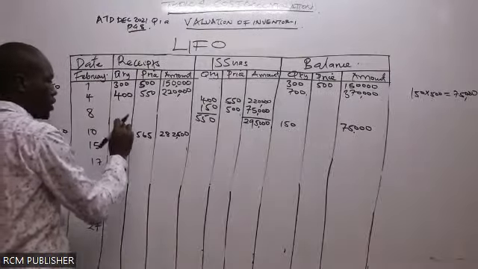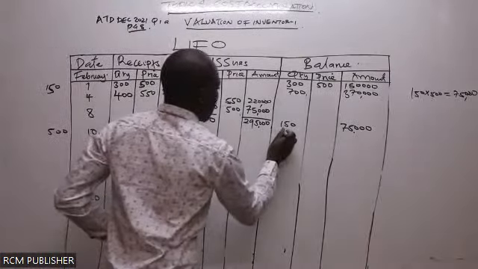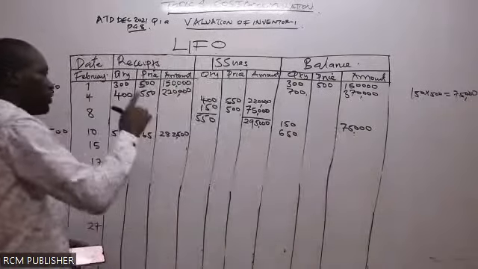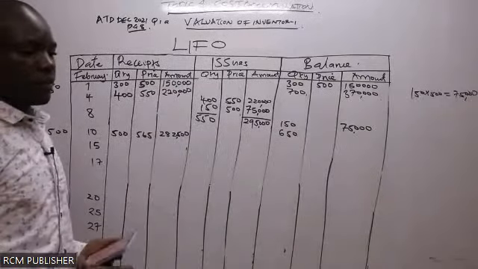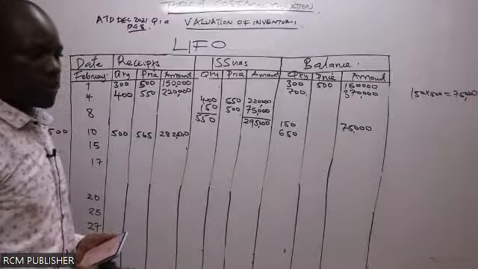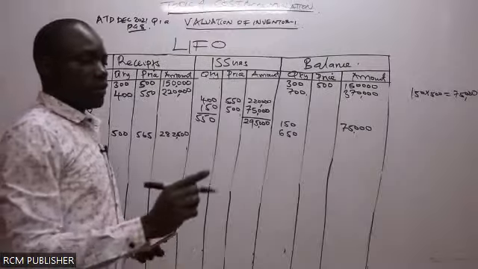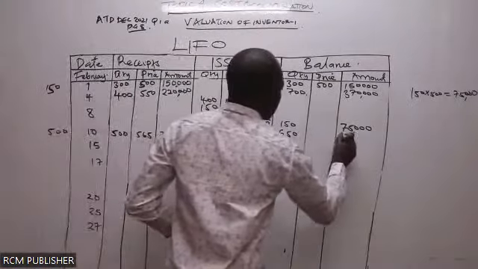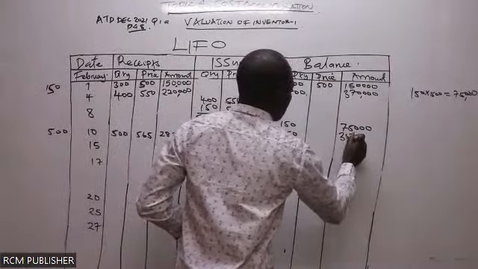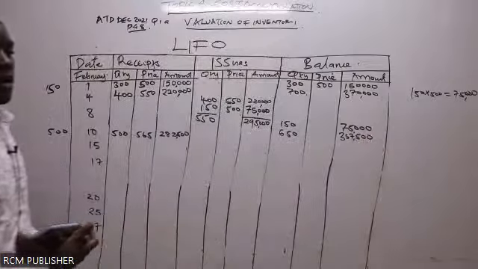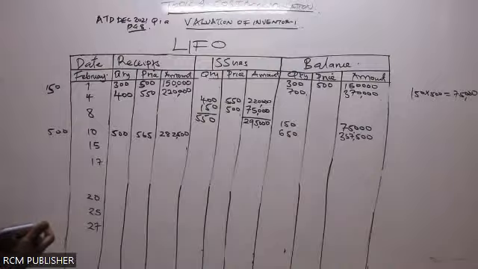In terms of quantity, I now have 650. In terms of value, 282,500 plus 75,000 is 357,500. That is what we have.